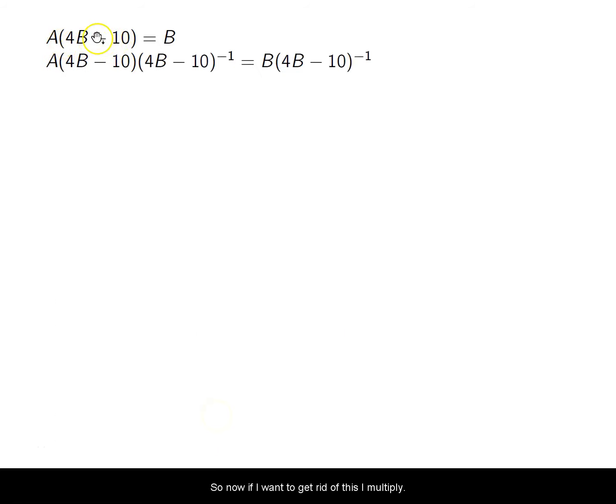So now if I want to get rid of this, I multiply it by its equivalent matrix. And in order to get rid of it, I have to multiply it on the right side by its inverse. Now when I multiply by B, I also have to multiply it on the right side, because I can't multiply this on the right side and this on the left side.